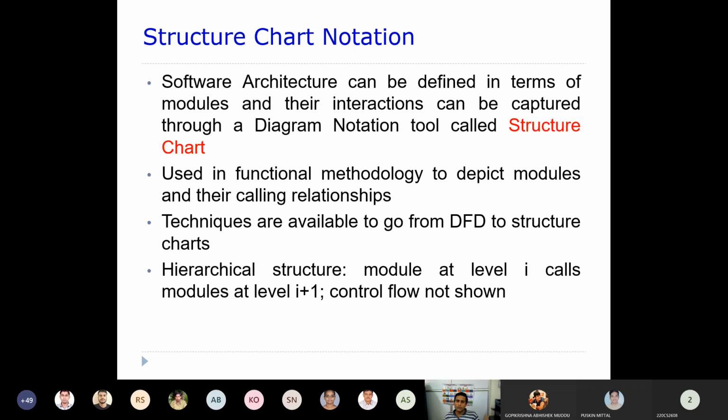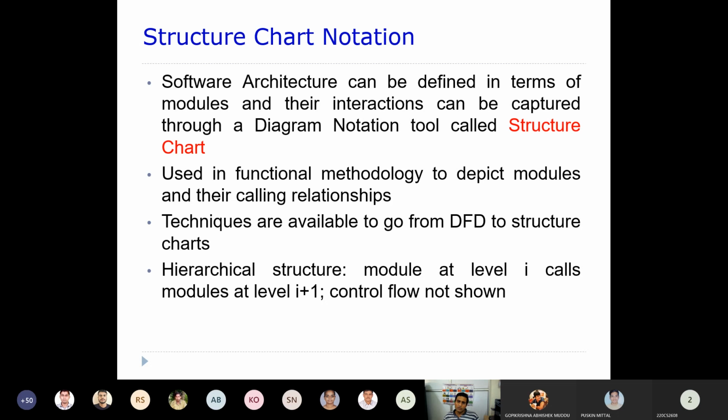Techniques are available to go from DFD to structure charts. In the analysis phase, we talked about data flow diagrams, that is, how data flows from one processing step to another. Here, part of software architecture, we have seen the different modules that you have.